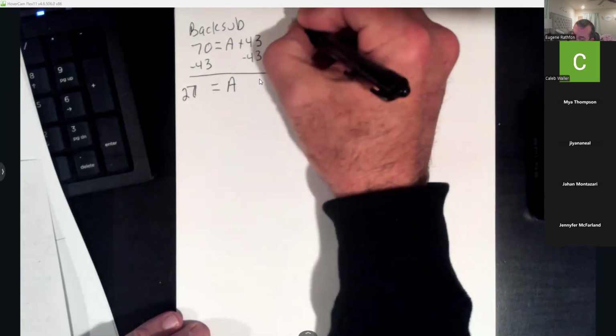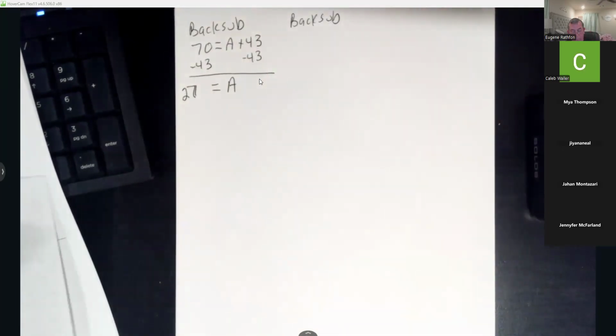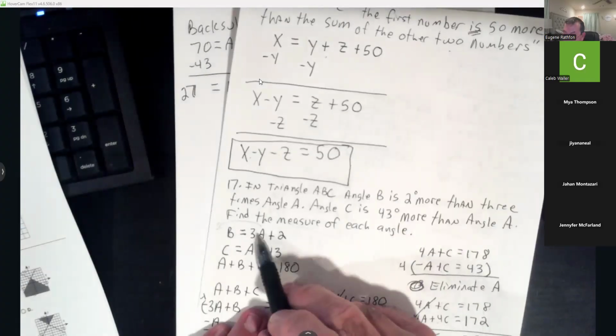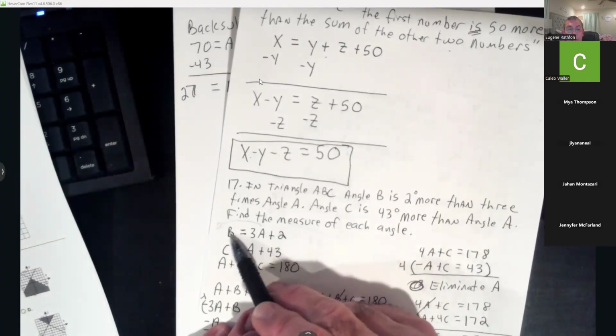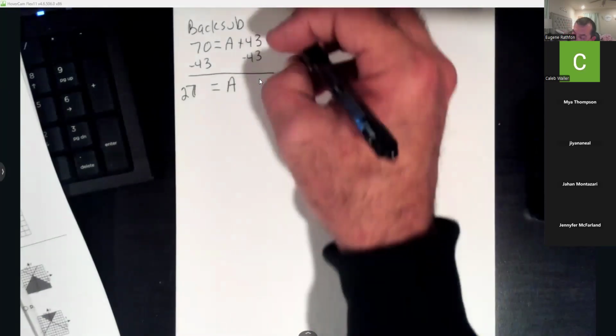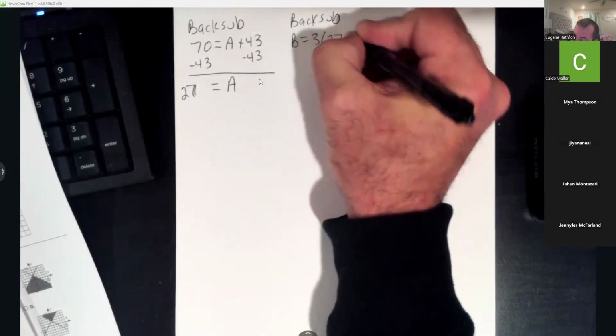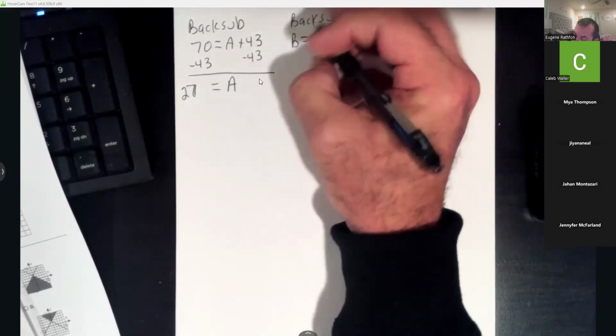So I know 70 for C, 27 for A. So now to back substitute and get B. And y'all to substitute for B, since I know A, I'm just going to use this equation. B equals 3 times A plus 2. So B equals 3 times 27 plus 2.